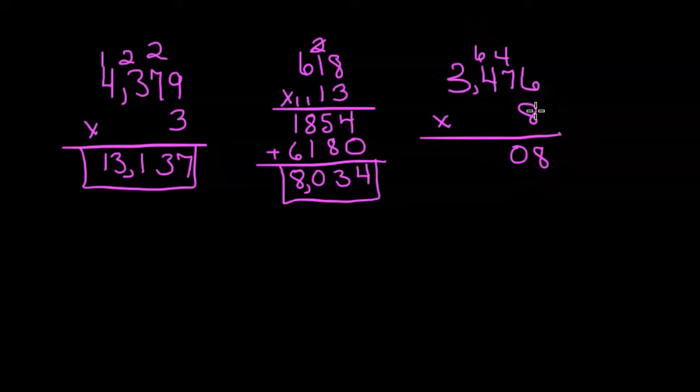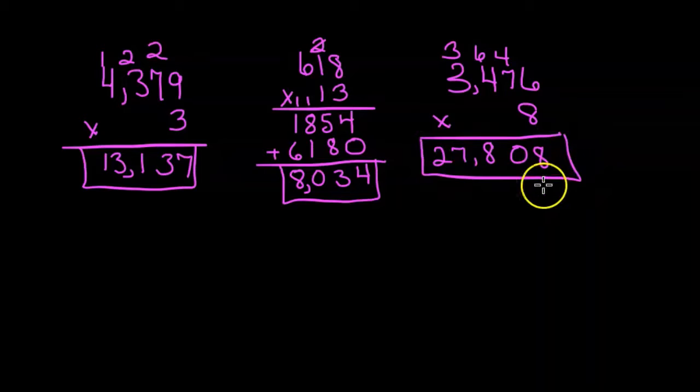And then 8 times 4 is 32. Plus the 6 is going to give me 38. All right, and then 8 times 3 is 24. Plus the 3 is going to give me 27. All right, so that's what your answer should be for 4K.